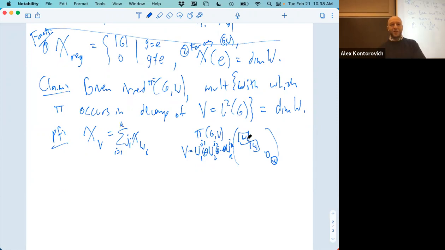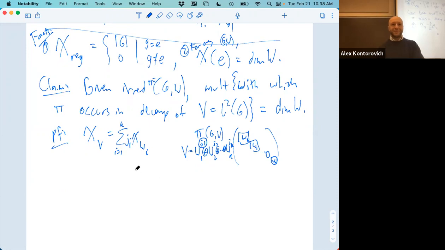So I get the representation W1 occurring J1 times. This is what I'm interested in. I'm interested in this number. How often does W1 occur? So you see that when you take the trace, you get whatever W_i gives as the trace, you get that number J_i times.